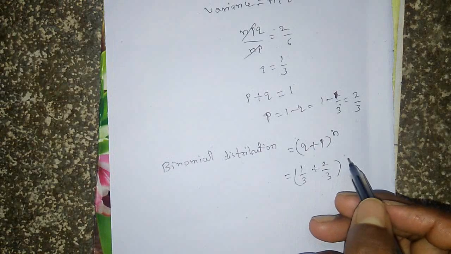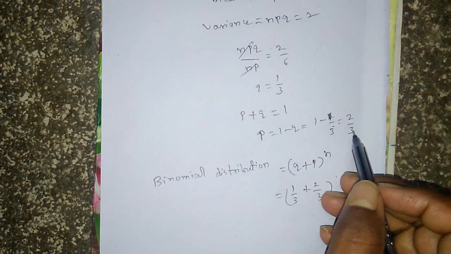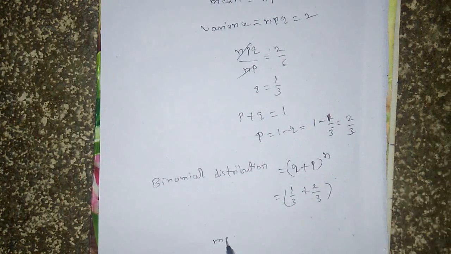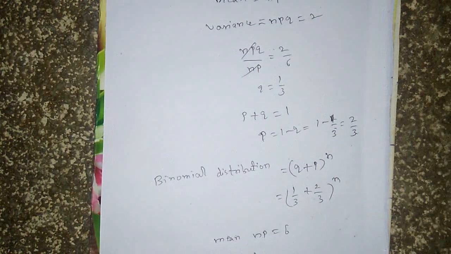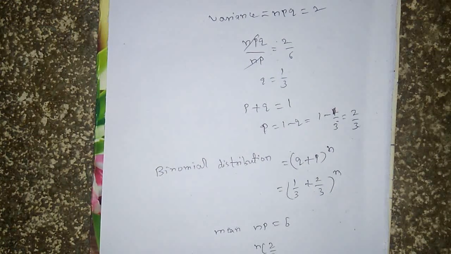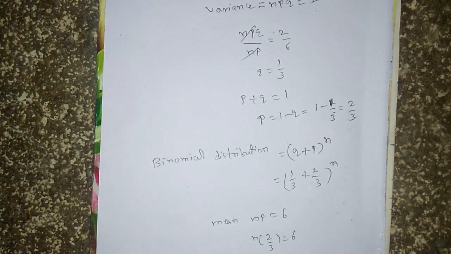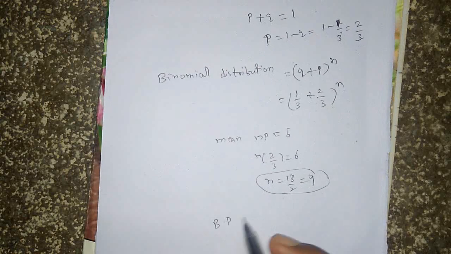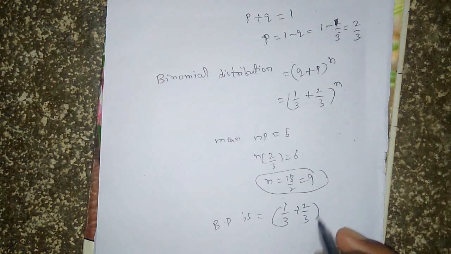We need to find the value of n here. Substitute the p value in the mean: np is equal to 6, with p equal to 2 by 3. This is 18 by 2, therefore n is equal to 9. So therefore the binomial distribution is (1 by 3 plus 2 by 3) power 9.